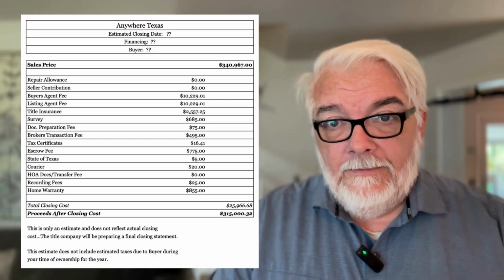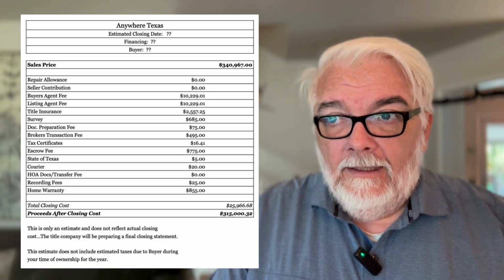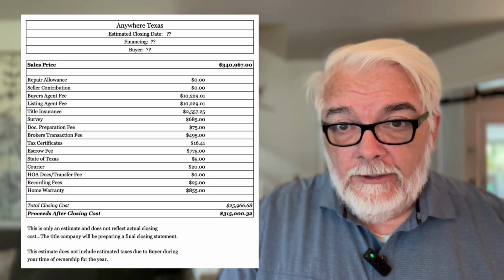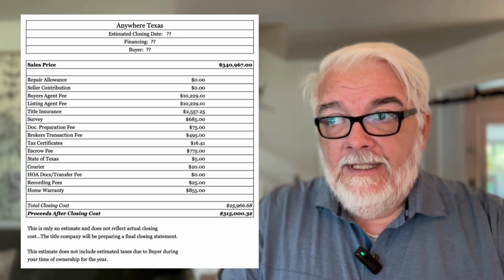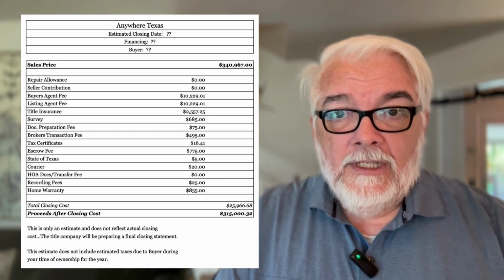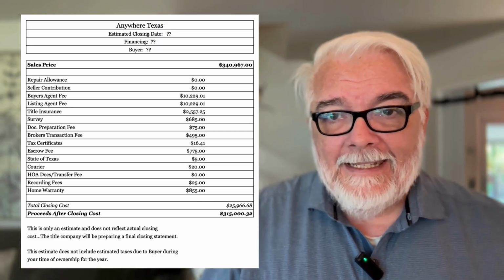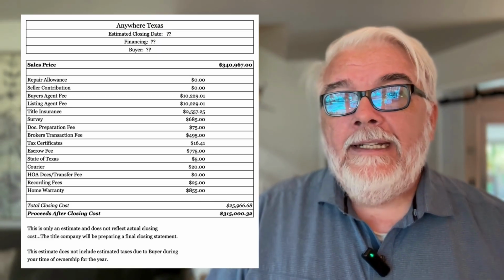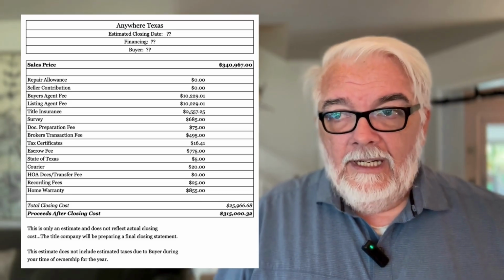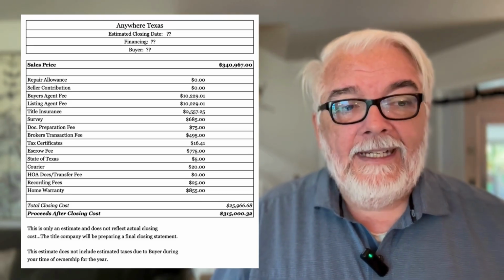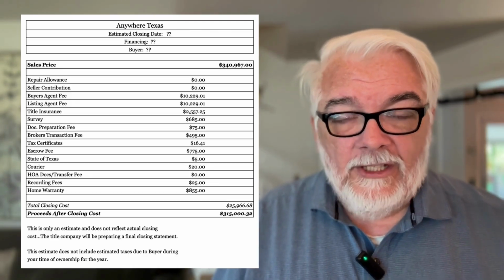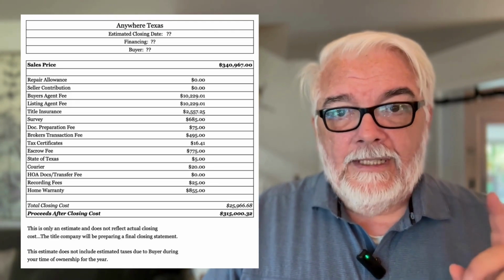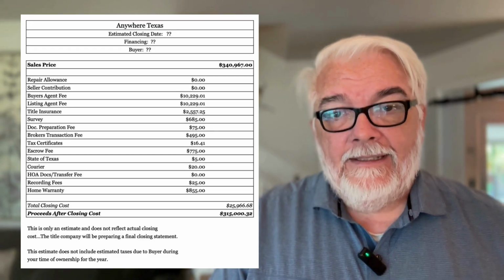And finally, lastly, we have the home warranty. A lot of times I encourage our sellers to pay for a home warranty, which is a 12-month policy that covers the property that they're selling to the buyer. Now, it's not bumper-to-bumper coverage. If a doorknob falls off or something like that, you're not calling the home warranty, but the home warranty company will send a technician out if the AC fails, if the oven quits working, things like that.